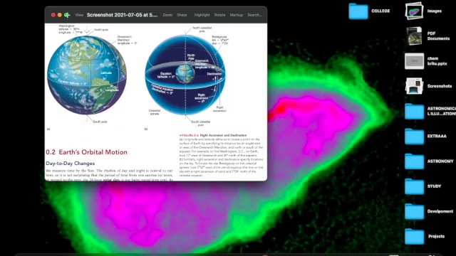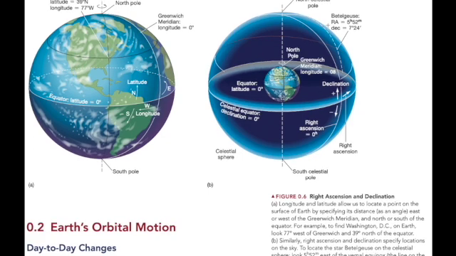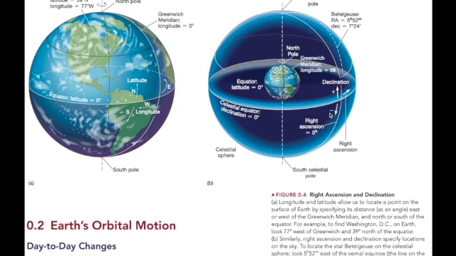So here, right ascension and declination. This is the celestial sphere, and measuring distance up is declination and down is also declination. Going up towards the pole is declination, and moving along the equator is called right ascension.